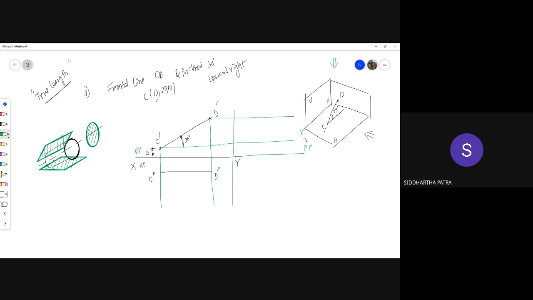So if you are looking at it from this side, the line would look like a vertical line.